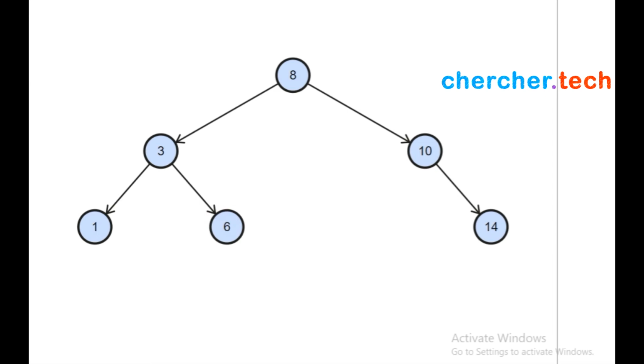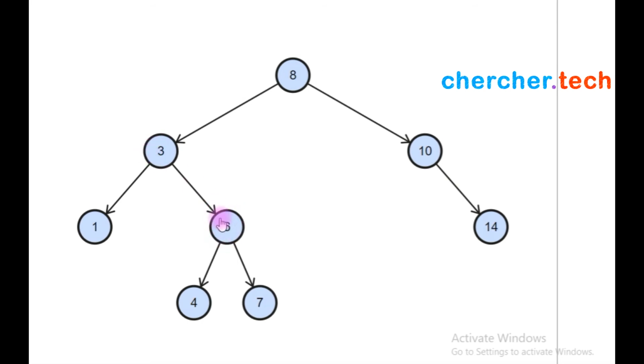Let me insert a few more values. Let me insert a value 4. Now 4 is lesser than 8, 4 is greater than 3, and 4 is lesser than 6. If it is lesser than the node, then it goes to the left side. Now let me insert one more value. This time I'm going to insert 7. 7 is less than 8 and greater than 3, but greater than 6 as well.